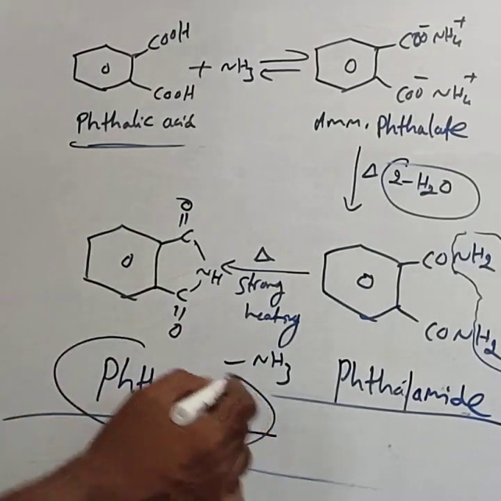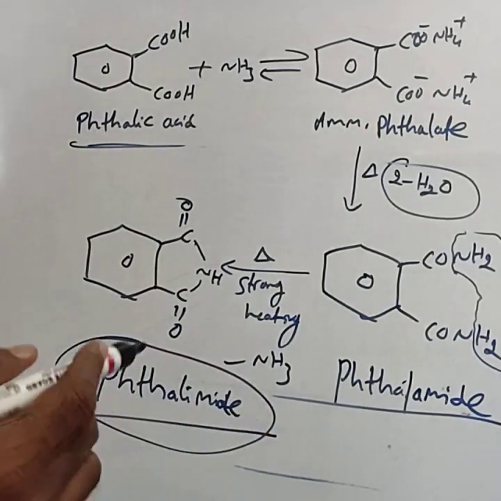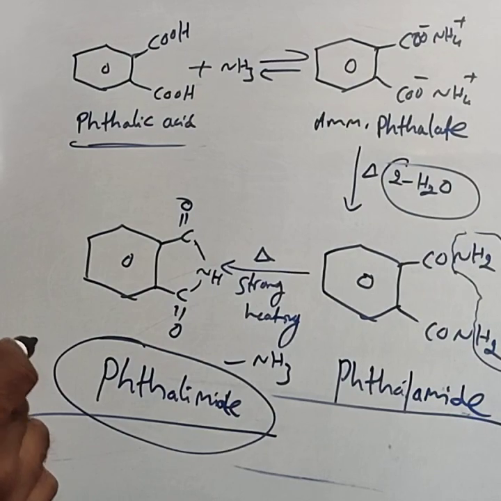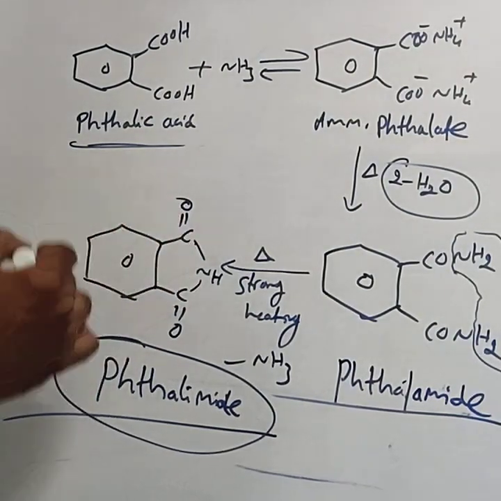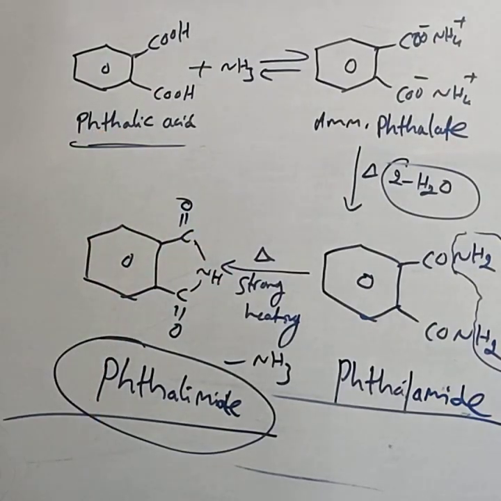This phthalimide is again used in the amines chapter, that is Gabriel's phthalimide synthesis. For that one, we require this formula. This is phthalimide. This is about the reaction with ammonia. In the next class, finally, the last one is the reaction with the COOH group.